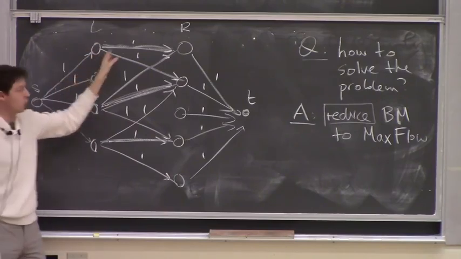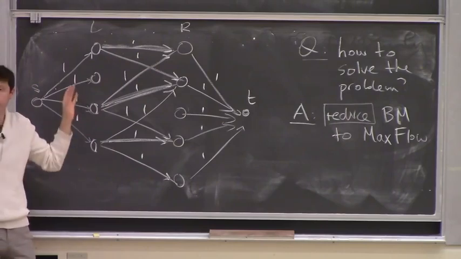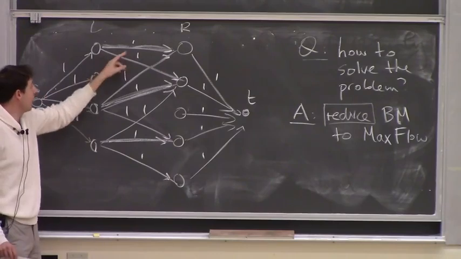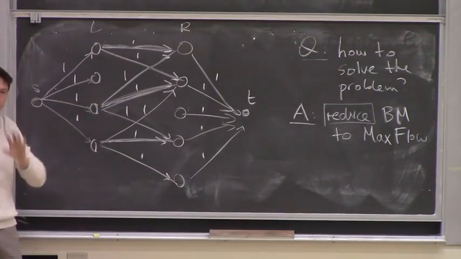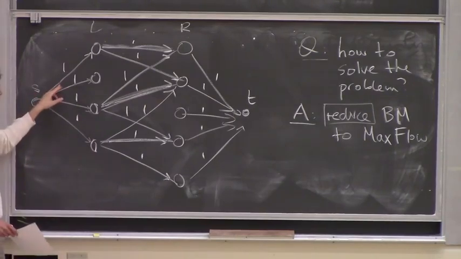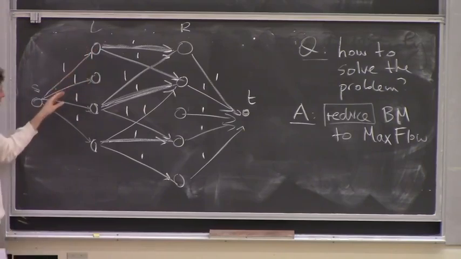Well, I could just send one unit of flow somewhere. That would be like picking an edge in the matching. Or worse, maybe I end up sending half in one, half in the other, and then it's unclear what I should be doing with the matching. But we'll get to that in a moment. Intuitively, what we're trying to say is, here's a budget of one choice to you. Figure it out.